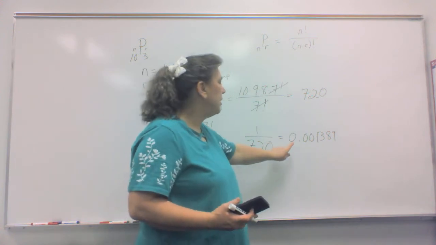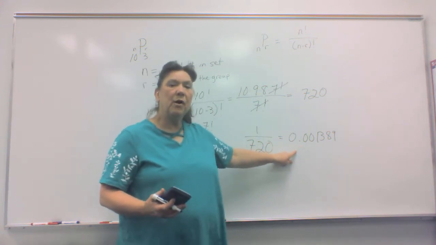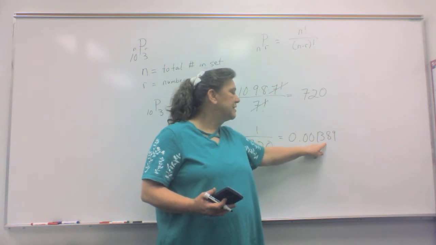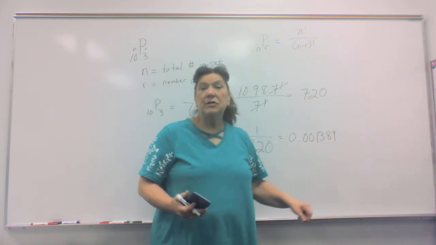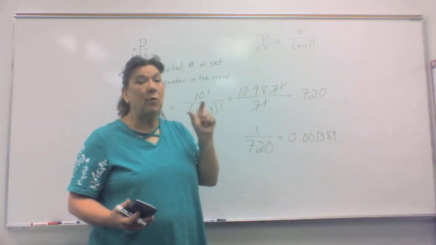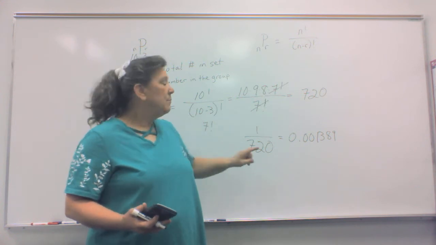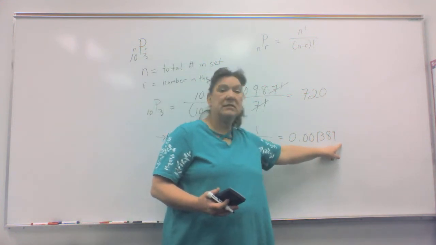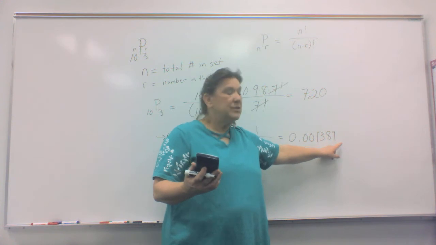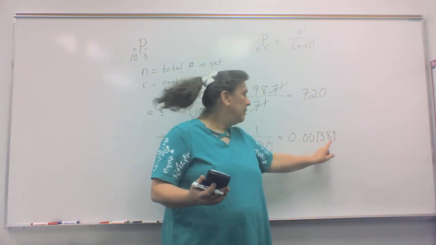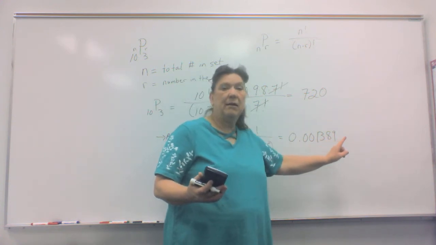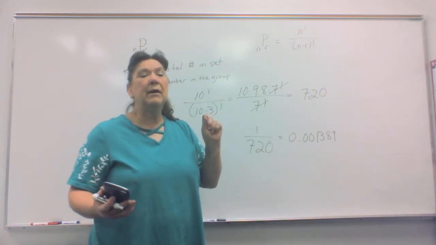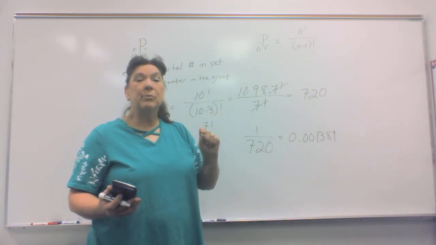And in your book, it is going to ask you probably to carry this to 6 place values. So be sure to check where you have to round things, because most of the time in the book they're asking for 6 place values. So I rounded it to 0.001389.